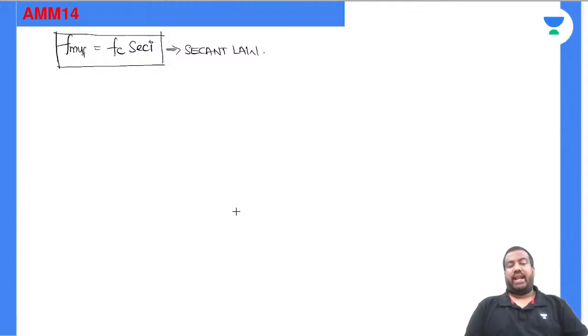So if you try to analyze the secant law, if you go for secant 0, how much will be secant 0? Cos 0 is 1, so secant 0 is 1.